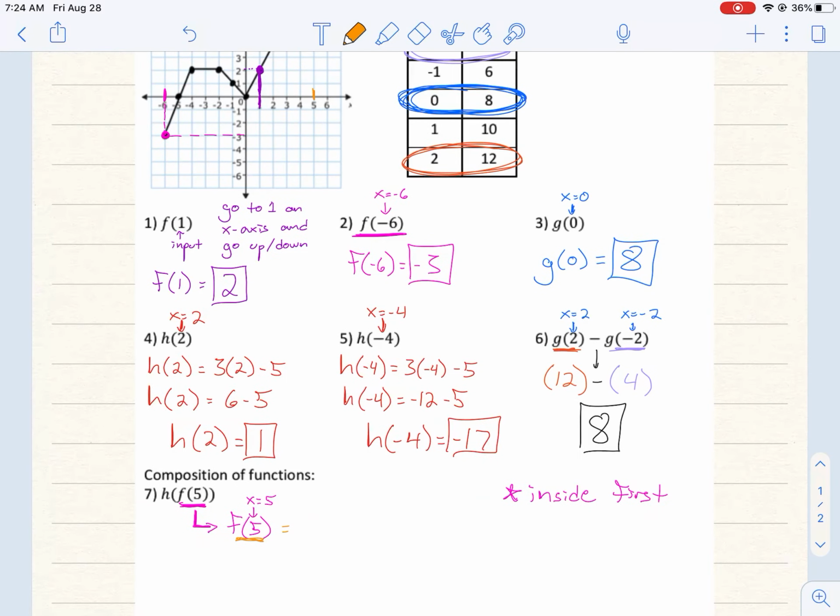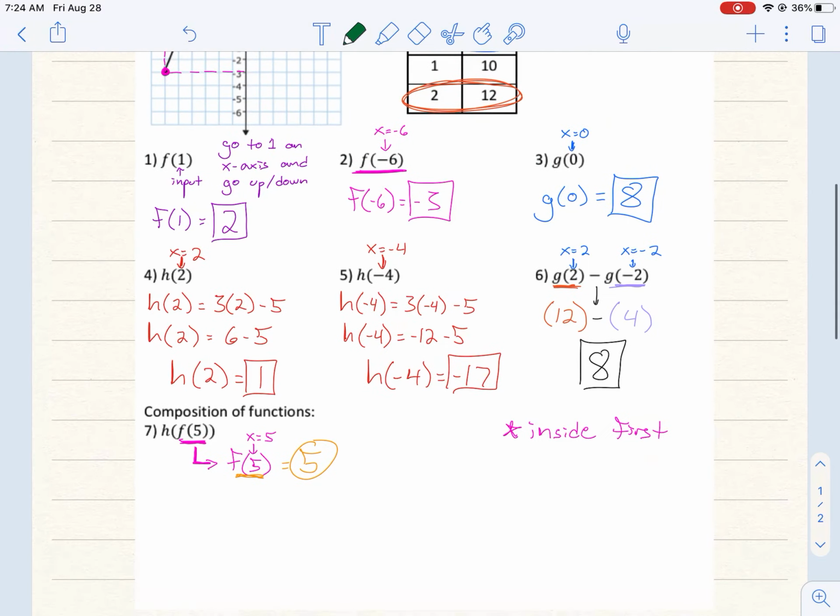So f of 5 is 5. Now I'm going to use this value and plug it into h of x. So make yourself a note there: plug answer into outside function.